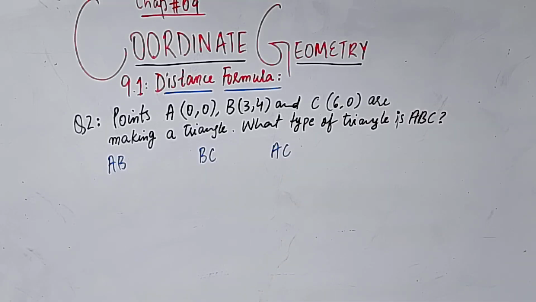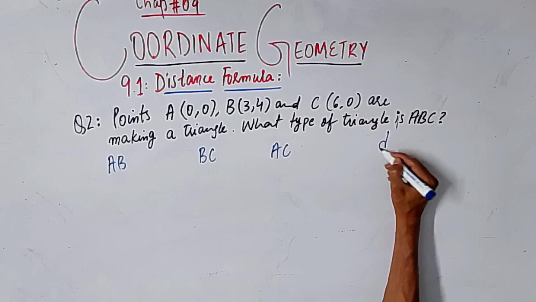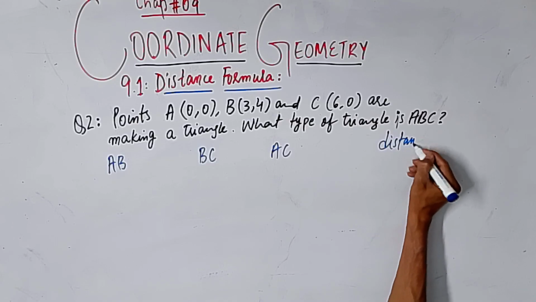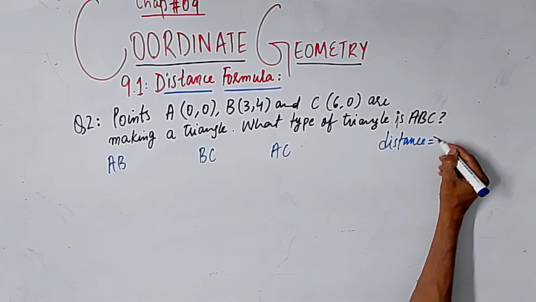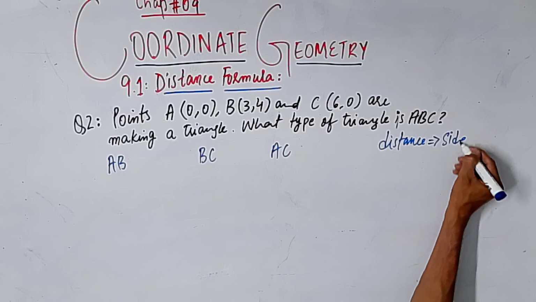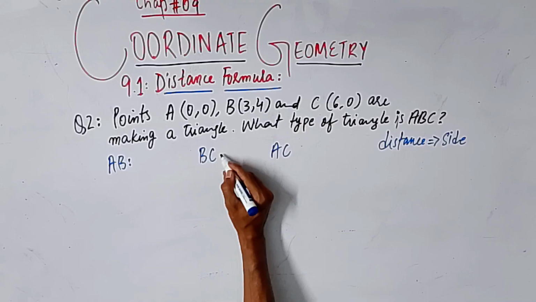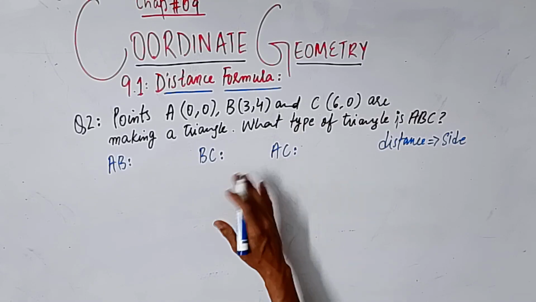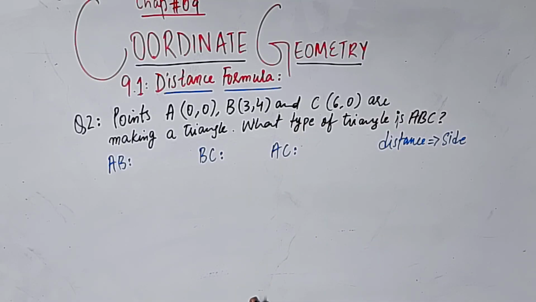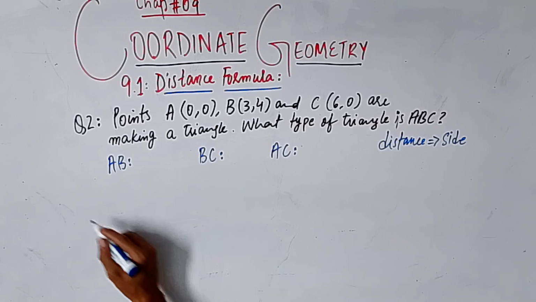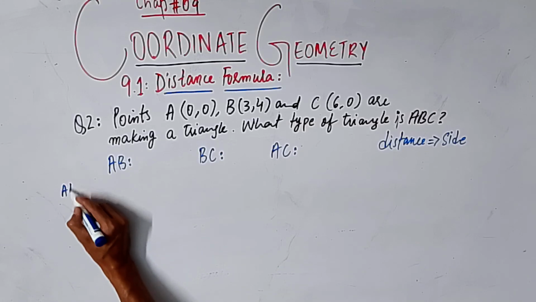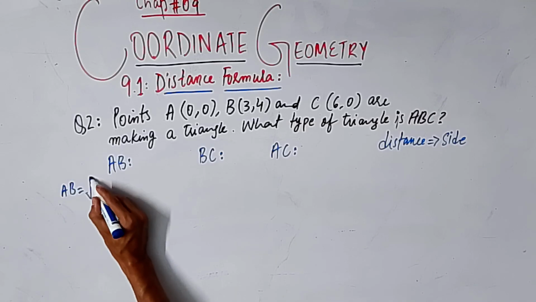And remember that distance between 2 points means the side of a shape. So first of all, we can find AB, BC, and AC, and then we will find out which type of triangle ABC is.